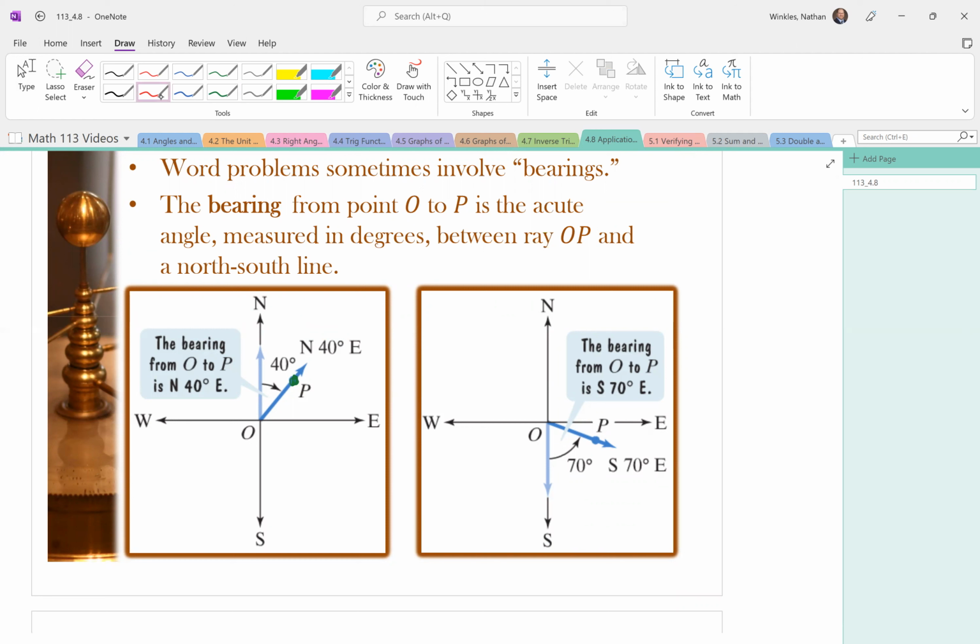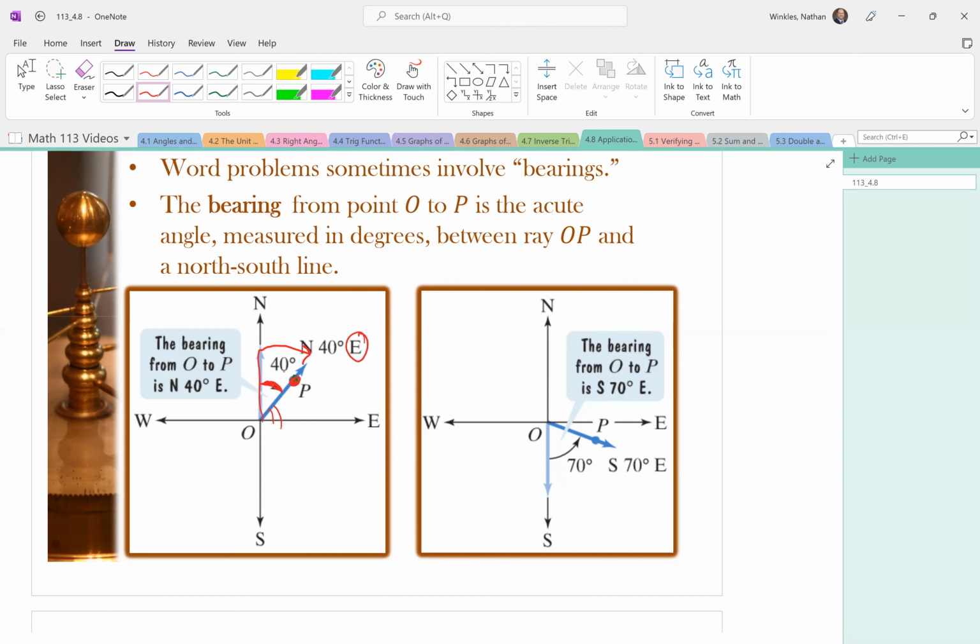Let me change up colors a little bit, make it easier to see. So this is north. So that means we're going to be going north, then 40 degrees east. So this angle here is my 40-degree angle. A lot of times we're going to be dealing with this angle down here, which means it's going to be the opposite of it, or the complement of it.